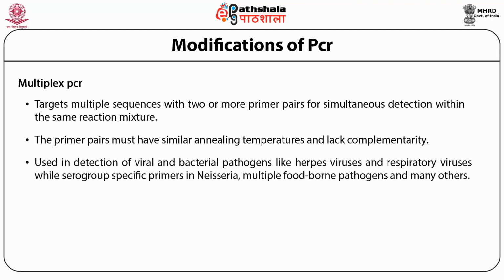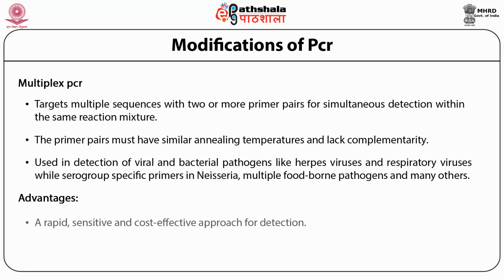It is used for detection of viral and bacterial pathogens like herpes viruses, respiratory viruses, and in Neisseria, where serogroup-specific primers are used. Multiple foodborne pathogens can also be detected in one go using multiplex PCR. The most important advantage of this method is that it is a rapid, sensitive, and cost-effective approach for detection.